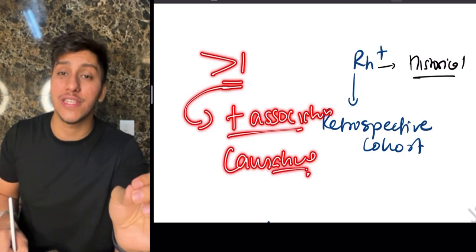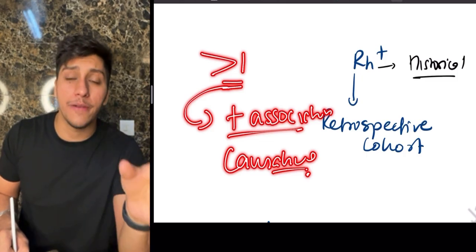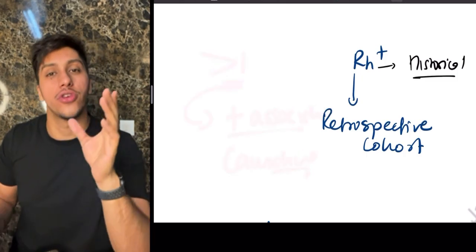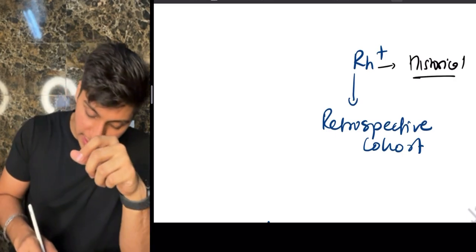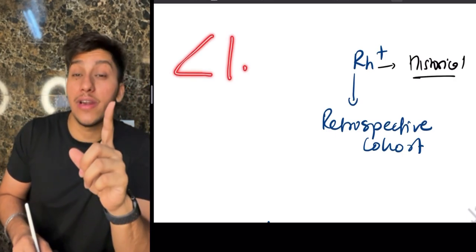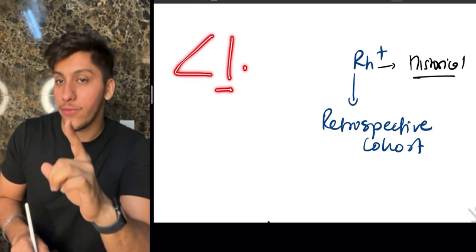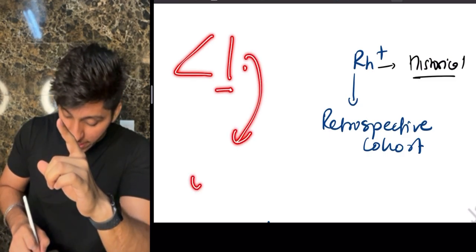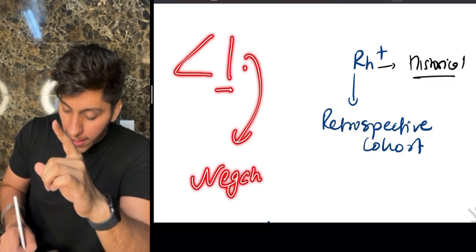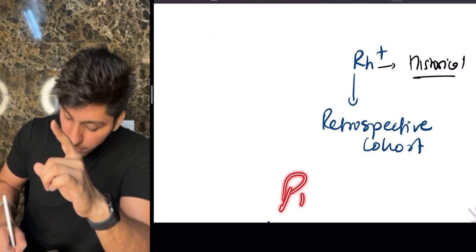Any value like 1.1, 1.2, 1.3, 1.4. If your odds ratio or relative risk is less than 1, remember less than 1, not 0, it means we have a negative value or a protective association.